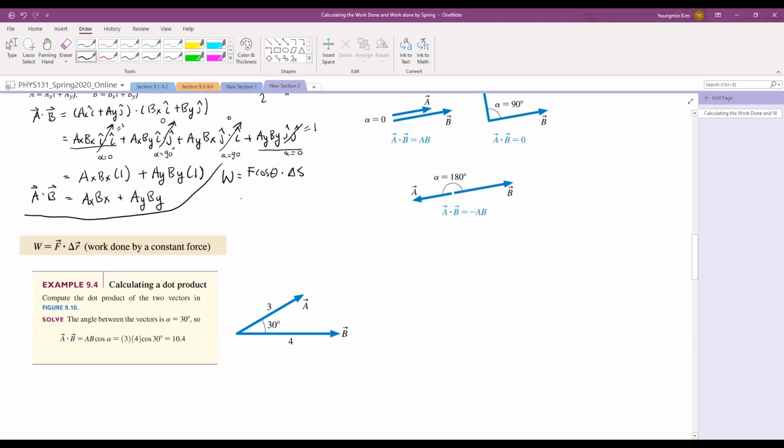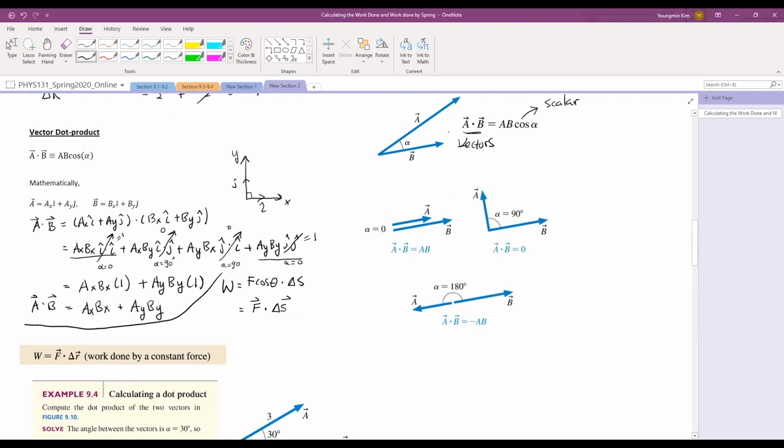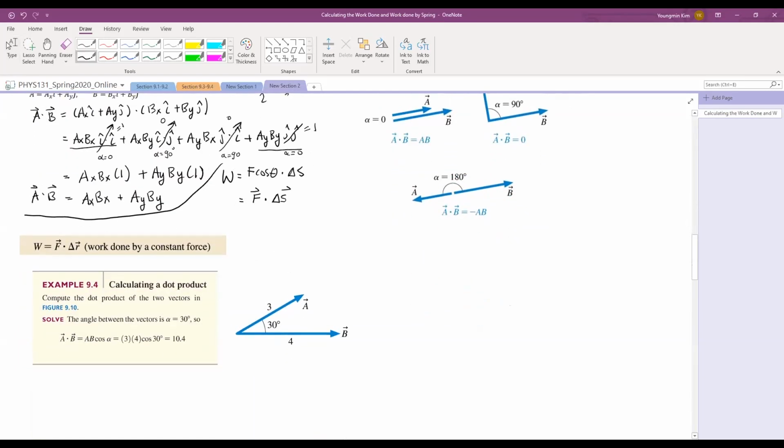But in a more compact, more generalized form, you can simply describe this as two vectors: the force vector dotted with the displacement vector. This and this, let me just put S here to be consistent, is the exact same definition. That's the definition of dot product. This is just a more generalized and compact form, and it's very useful because we can directly operate between vectors.